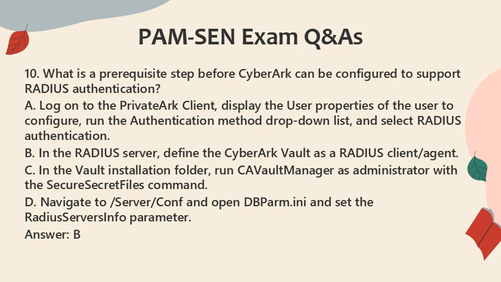B. In the RADIUS server, define the CyberArk Vault as a RADIUS client, agent. C. In the Vault installation folder, run CAVaultManager as administrator with the SecureSecretFiles command. D. Navigate to Server, Conf and open dbparm.ini and set the RADIUS server's info parameter. Answer: B.